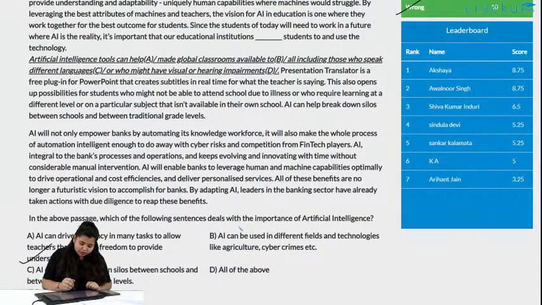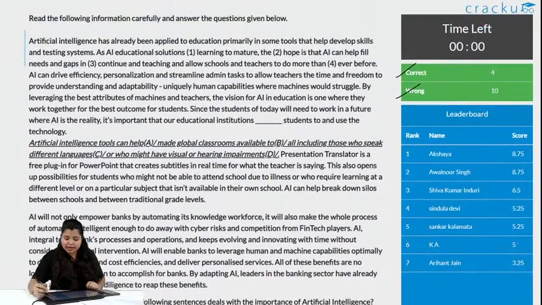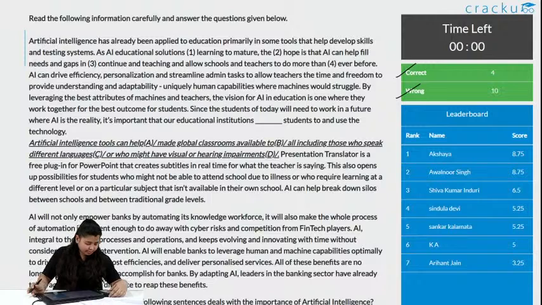In the above passage, which of the following sentences deal with the importance of artificial intelligence? Now, for this question, do I need to read the entire passage or check what is important? Let us see. Artificial intelligence has already been applied to education primarily in some tools that help develop skills and testing systems.